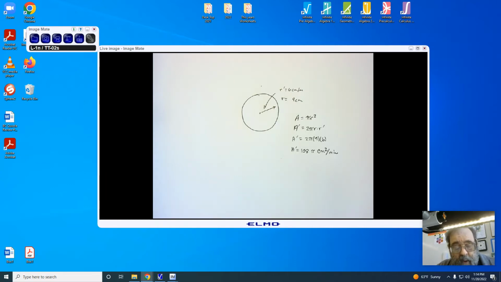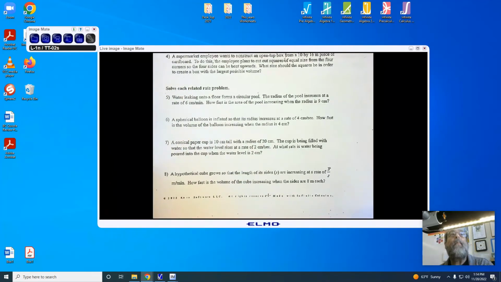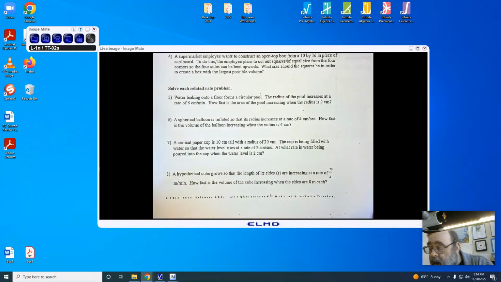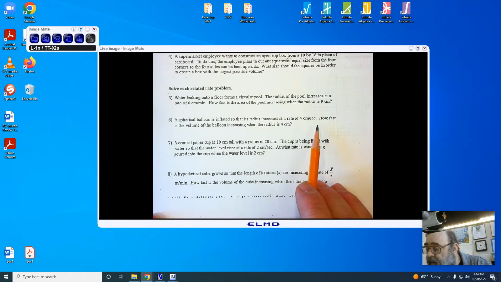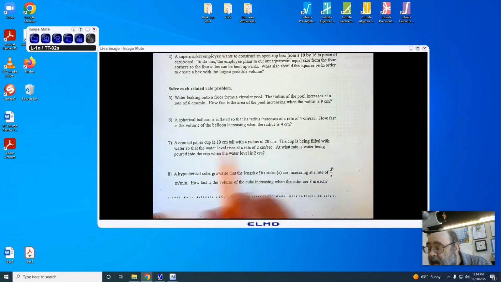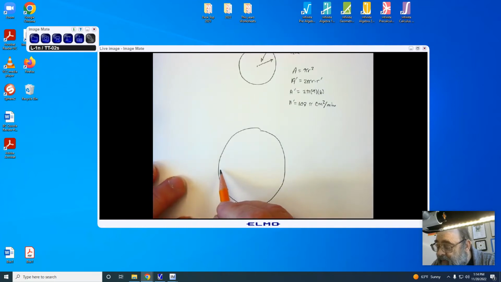Number 6. Number 6 involved a spherical balloon. Let's just take a look at that again. A spherical balloon is inflated so that its radius increases at a rate of 4 centimeters per second. How fast is the volume of the balloon increasing when the radius is 4 centimeters? Now, the hardest part about this is reminding yourself, what is the formula for the volume of a sphere?